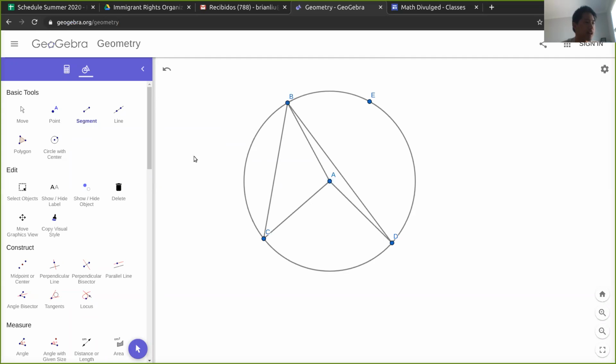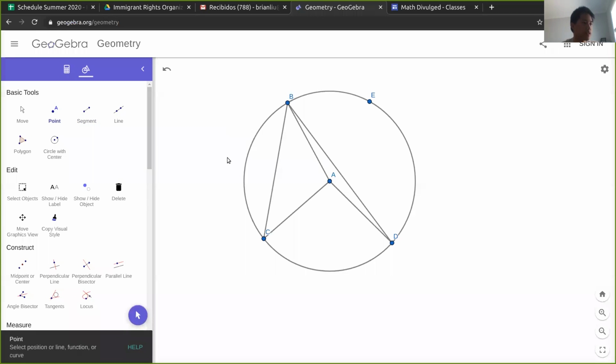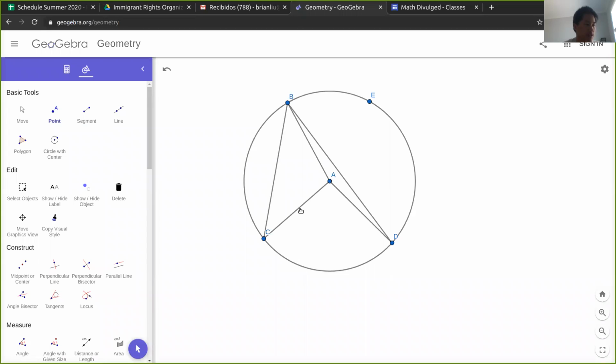So now we see that since AB equals AC, this segment right here equals this segment right here. So then ABC is actually an isosceles triangle. So this angle right here is equal to this angle right here.